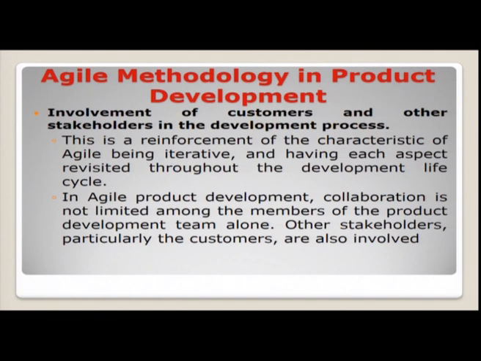There might be 1 or 2 customers for a particular software product, but he might employ many different people and they will be part of the development team. Such people employed by the customer are called the customer representative. That is the reason I said other stakeholders, particularly the customers or the customer representatives, are also involved in the activity.